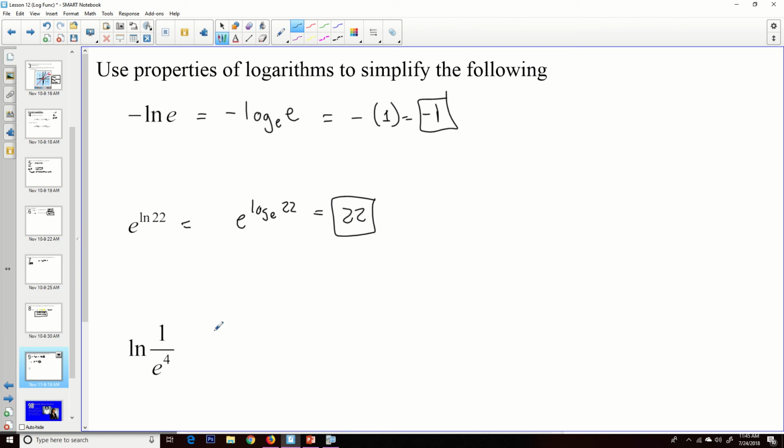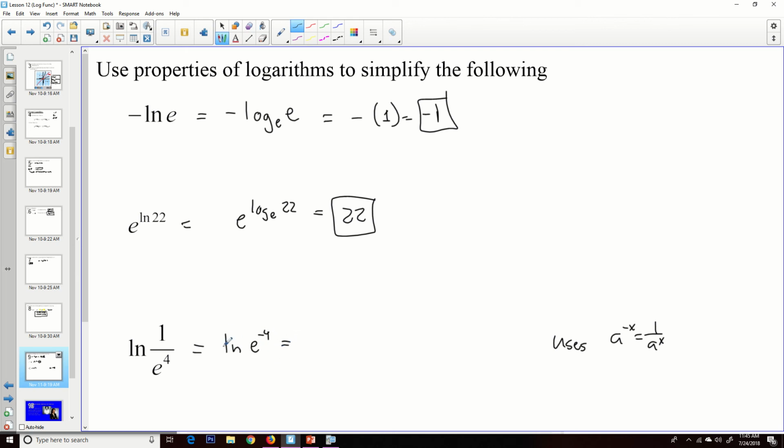And then on the last one, I am going to convert this 1 over e to the 4th, and I'm going to use the fact that a to the negative x is equal to 1 over a to the positive x. I'm going to do it in reverse. Since I have 1 over e to the 4th, I'm going to rewrite this as ln of e to the negative 4.